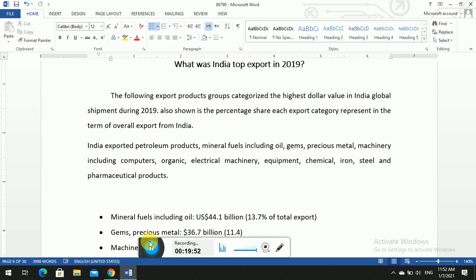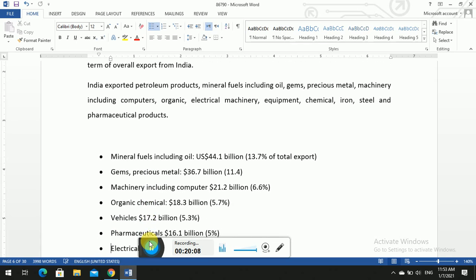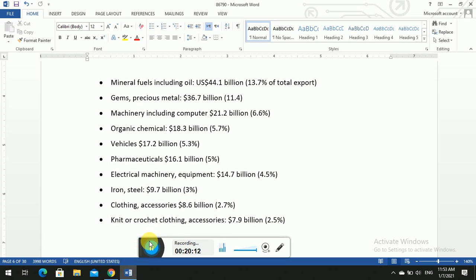India exported petroleum products, mineral fuels including oil, gems, precious metals, machinery including computers, organic products, electrical machinery, equipment, chemicals, iron, steel, and pharmaceutical products. So, as far as dollar value is concerned, these are the highest exports.